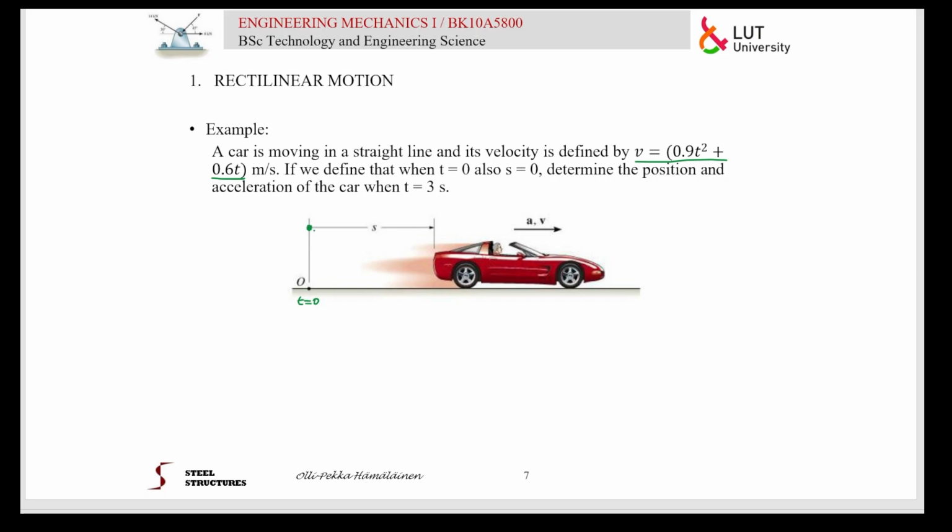Then the car was here, but now the car is at a distance s that we don't know, but they're asking us, okay, now when the time elapsed is 3 seconds, tell me what's the position of the car and what's the acceleration of the car. Well, you want me to tell you the position and acceleration, but you are only giving me the velocity of the car represented by this formula here.